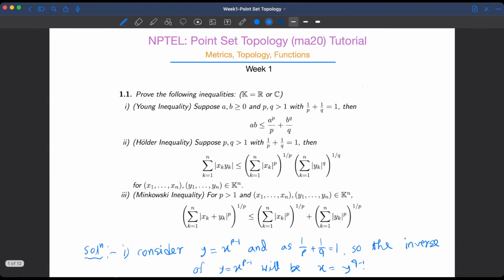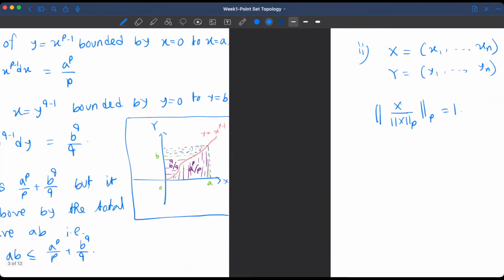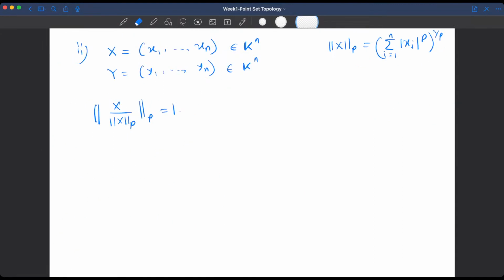Similarly, I'm dividing this part and this part by this, each xk by this thing, and yk by that thing. Okay, so I'll just show for this thing. So this is my norm x p and norm y q, sum from 1 to n.